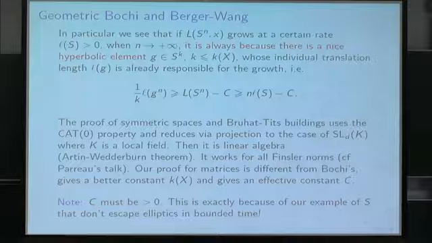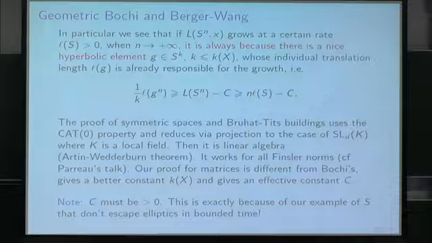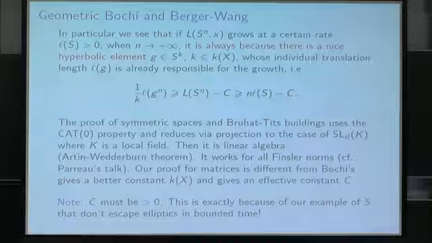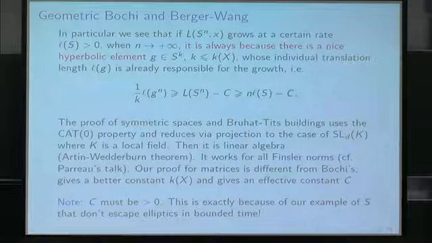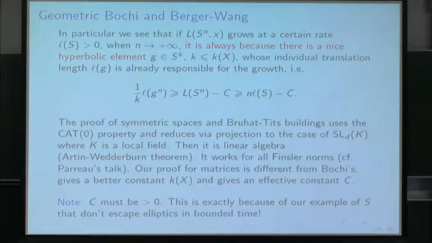Unfortunately, the proof that we have for Breuillard buildings and symmetric spaces is not geometric. It's a different proof from Bocchi's proof, but it still uses algebra, still uses the fact that Breuillard buildings and symmetric spaces are linear, so they have some faithful linear representation, and it works for all Finsler norms, not just the L2 cat0 metric, but also other norms.